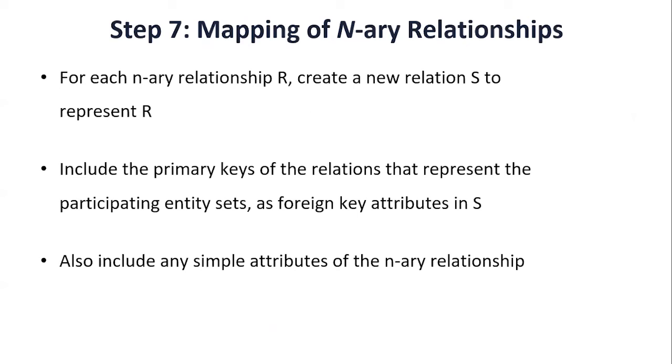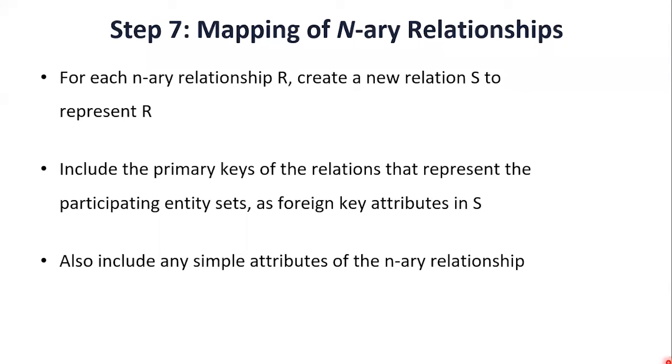And our seventh step and the final step is mapping N-ary relationships. That is any relationship of higher order than binary relationships. Last week we discussed that we can have more than binary relationships where multiple, maybe 3 or 4 different entity sets participate in the same relationship.